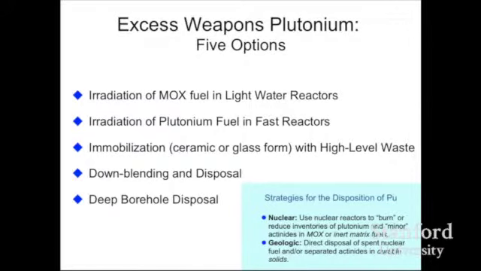The immobilization in a glass or ceramic form mixed with high-level waste, I've discussed that very briefly. A new one is to take the weapons plutonium and just dilute it until it looks like what we call transuranic waste, and send it to a repository in New Mexico called the Waste Isolation Pilot Plant. Number of difficulties.